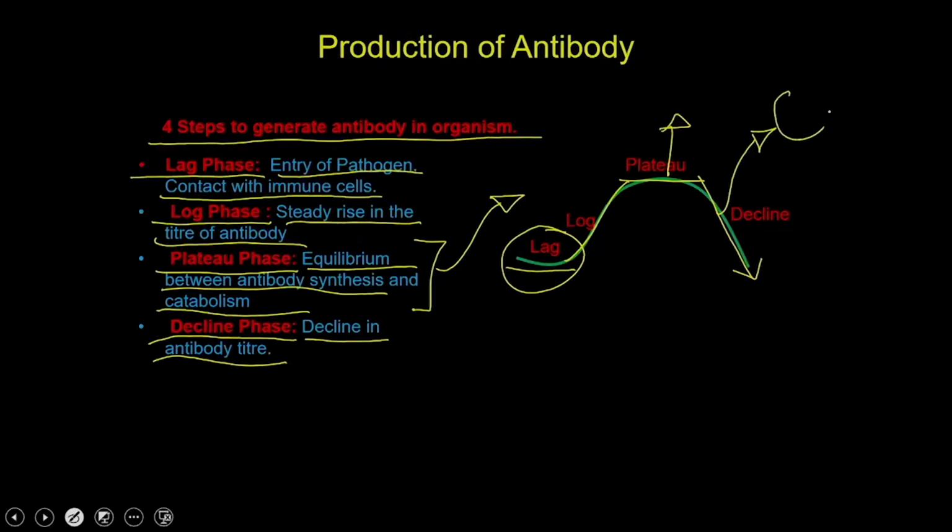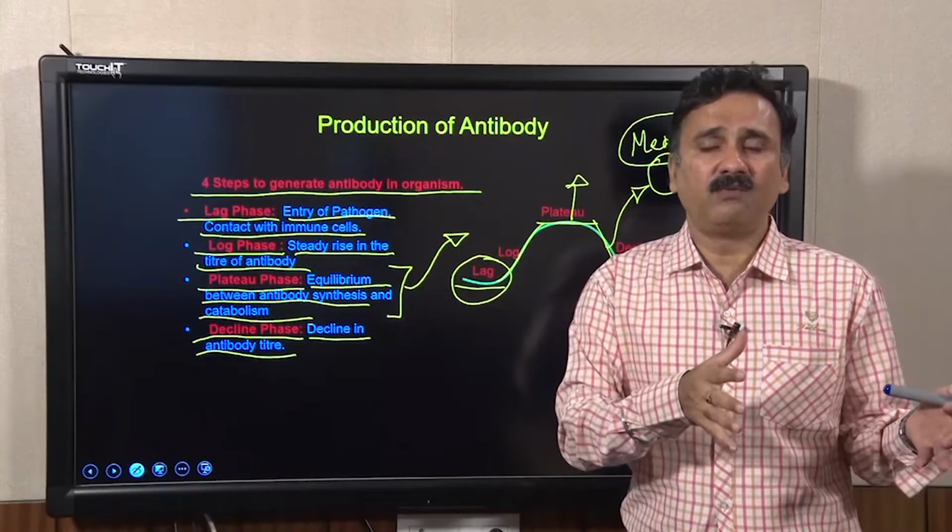At this stage only the organism is going to start producing the memory cells, or it is actually going to train the cells so that it keeps a memory of this particular foreign antigen.